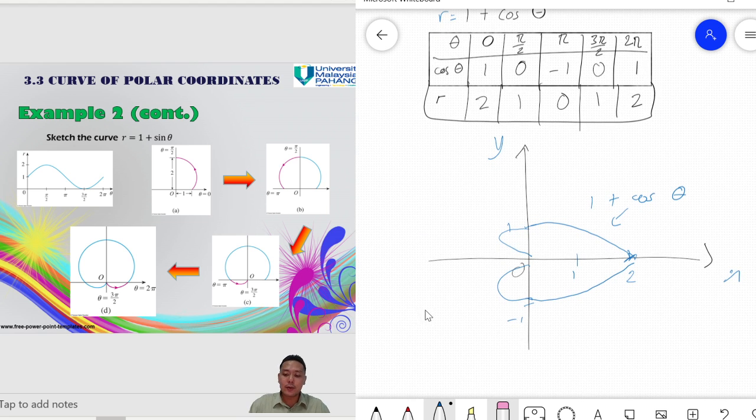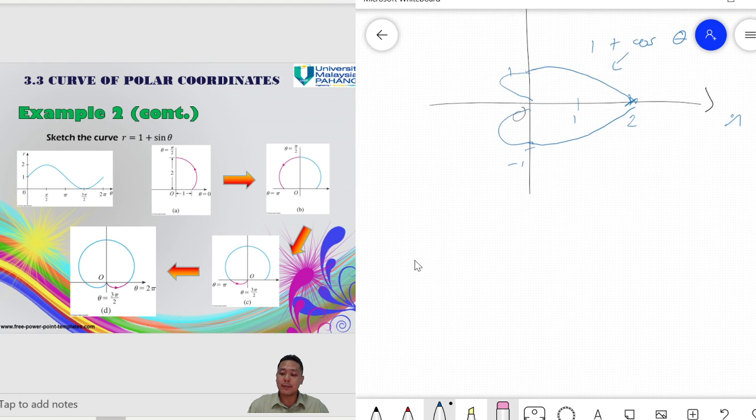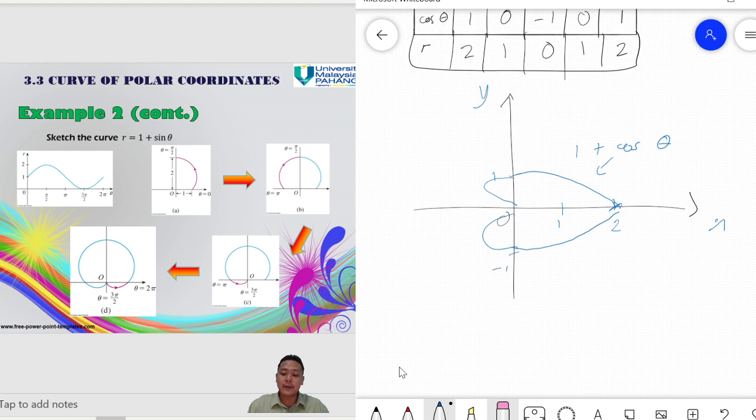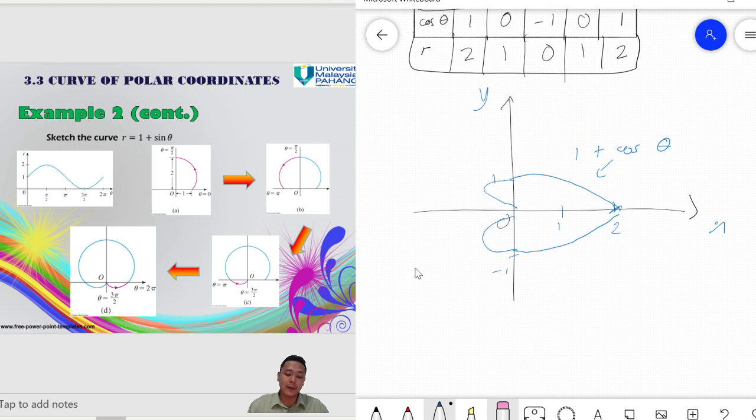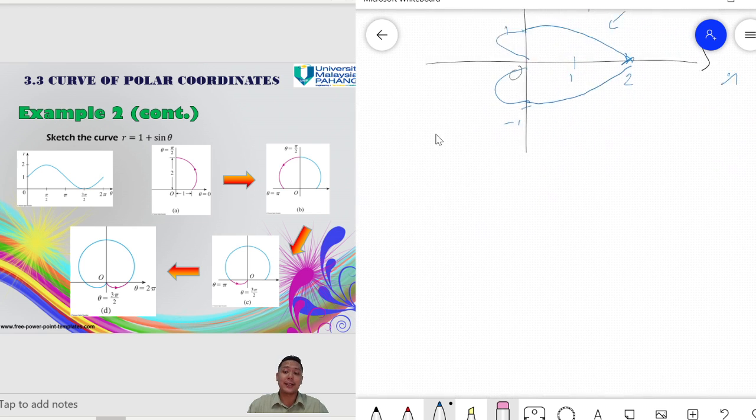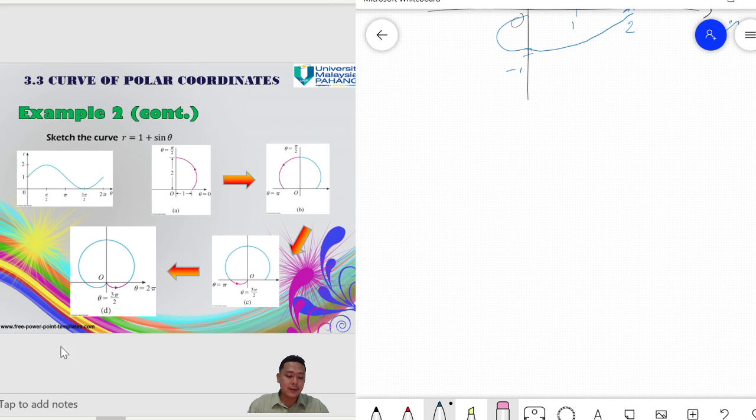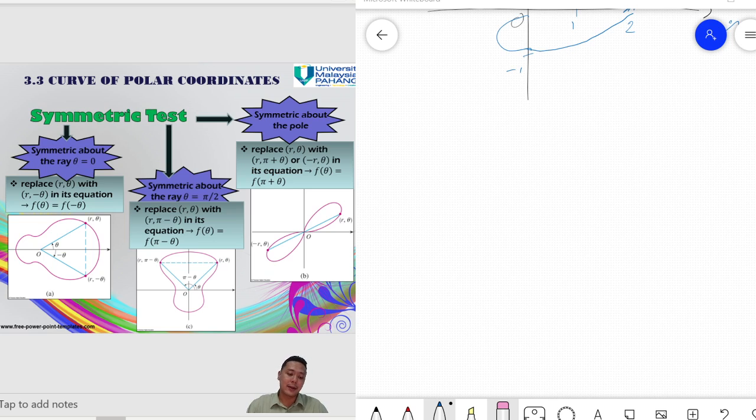Later we will do more examples and I will explain more on the different given functions of R during our live session. So let's look at the case of symmetry, which we call the ray symmetry test.